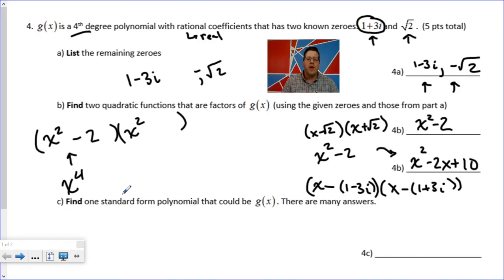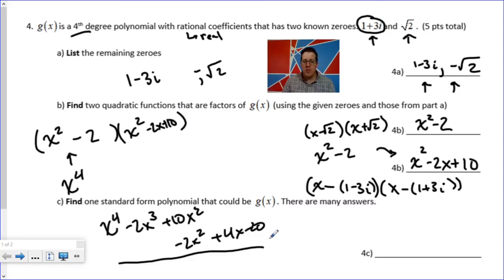Okay, find one standard form polynomial that could be g of x. There are many answers. We're just going to multiply these together. And when I multiply those together, I'm going to get x to the 4th minus 2x cubed plus 8x squared plus 4x minus 20.